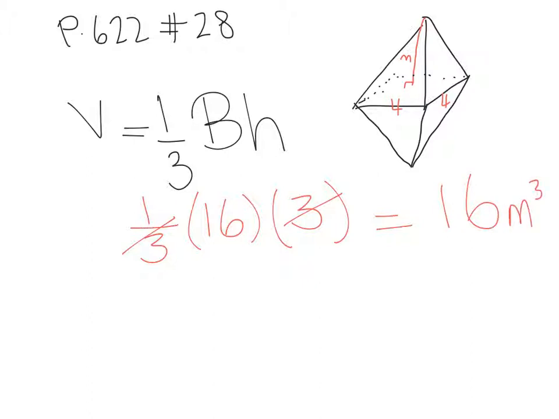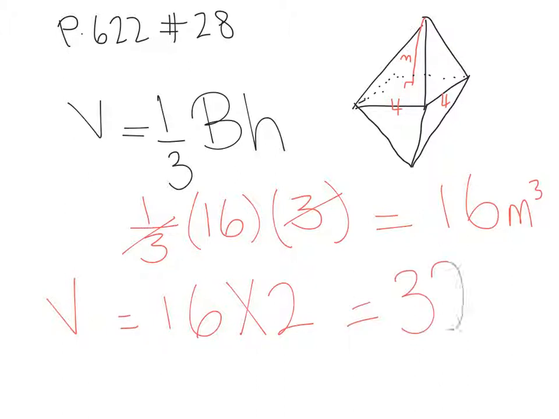But I have 2 pyramids, so I take that 16 and times it by 2. So the volume of the composite figure, 16 times 2, is 32 meters cubed. So that's 1 pyramid for 16, and then the composite figure is just 2 pyramids. So I have 32. Hope this helps. Thank you.